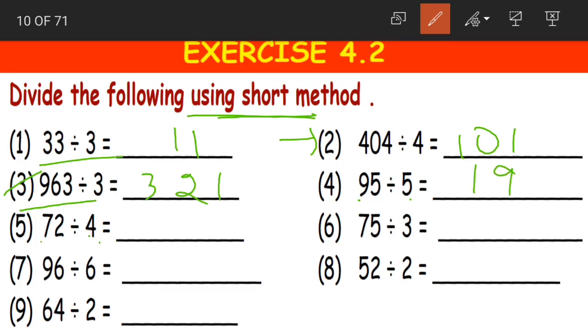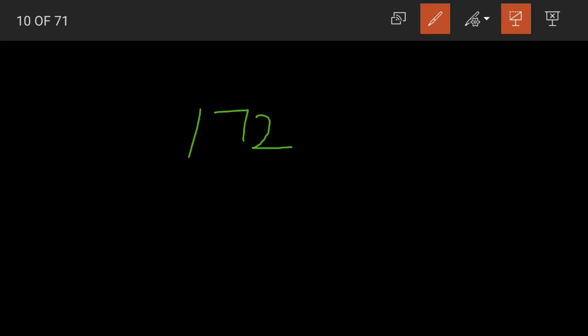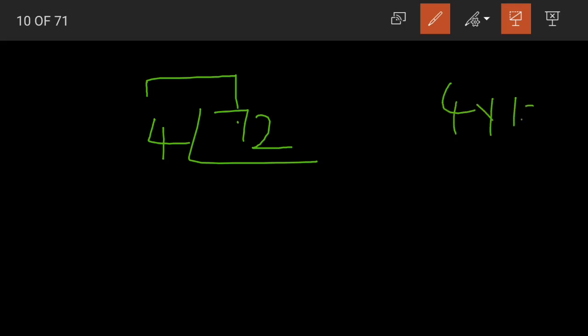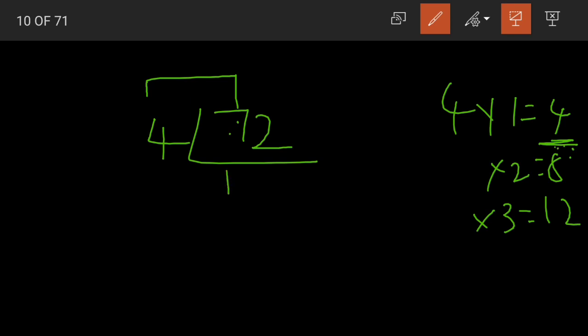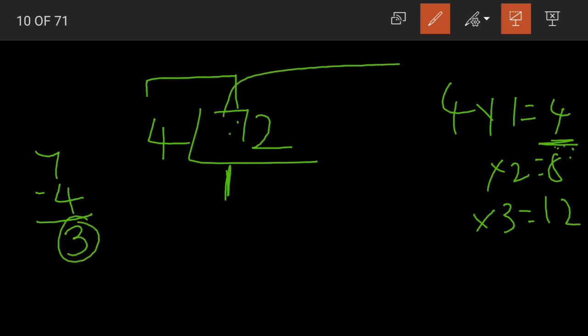Next, 72 divided by 4. First coming to 7 here. 4 ones are 4. 4 twos are 8. 4 threes are 12. Now do we have 7? No. So going with just the lesser number, that is 4. 4 ones are 4. Now what is remaining? 3 is remaining. 7 minus 4. 3 is passed on to the next digit.